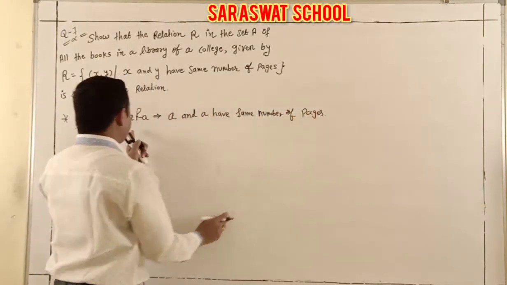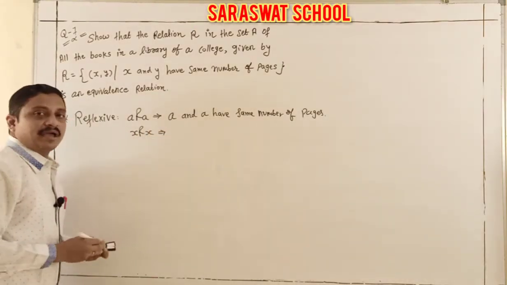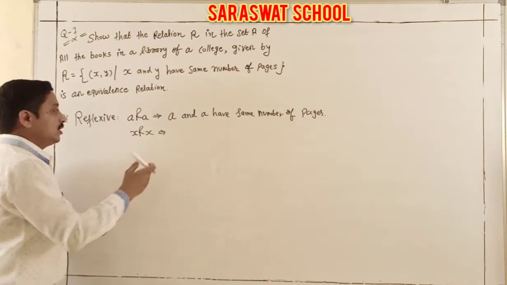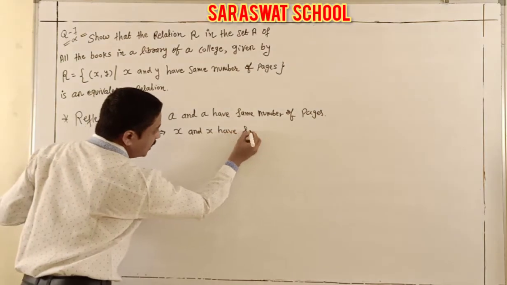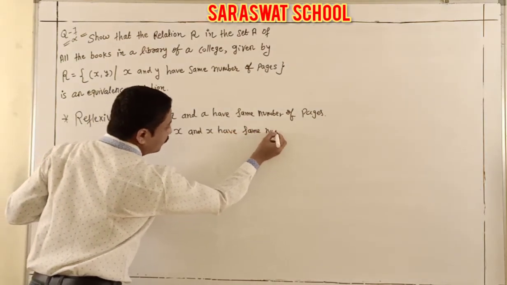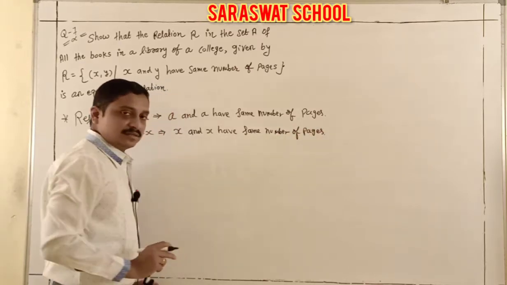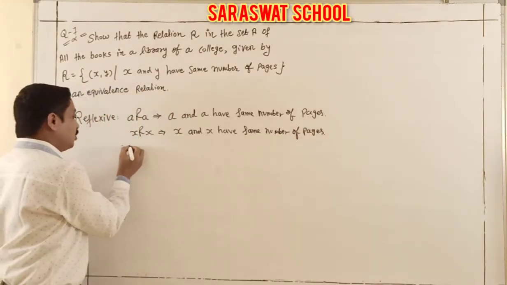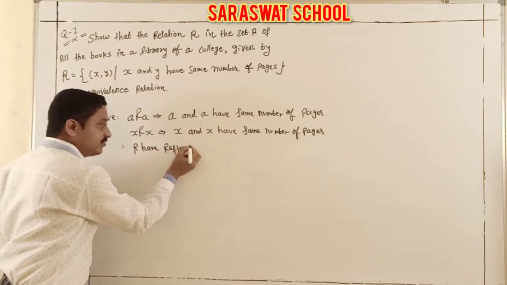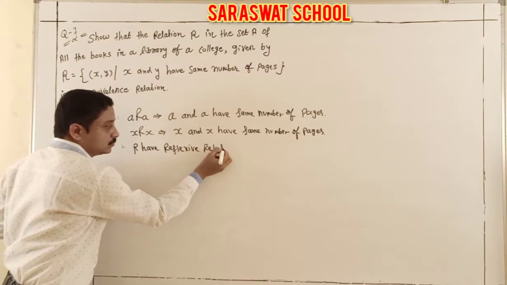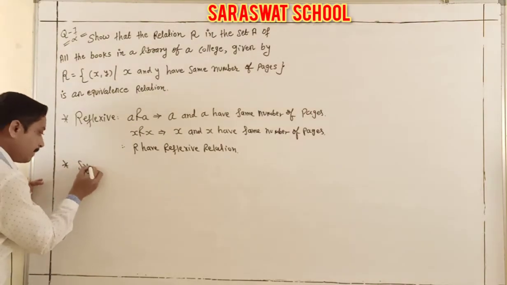Writing x to x, it is the same: x and x have the same number of pages. It means, students, it is true, x and x are both the same. Therefore, R is what? A reflexive relation. Okay, first one done. Now second, symmetric.